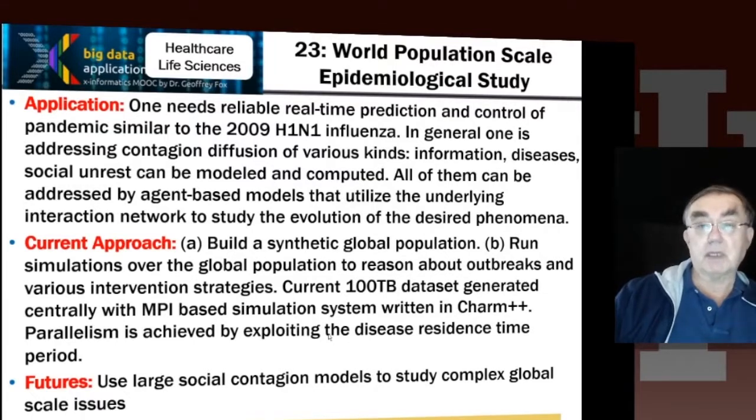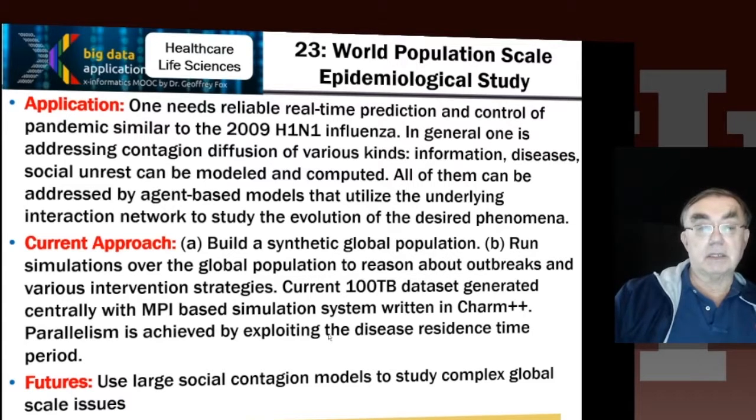Now we come to another type of health study, namely epidemiology, which is the study of population scale results. And the typical thing we want to do, there was this famous H1N1 scare where flu crisscrossed the world, and this group and other groups, in fact, modeled this spread, and they did that using agent-based technology.